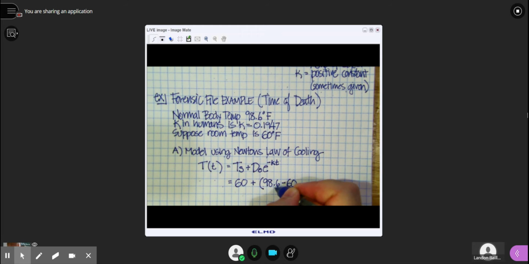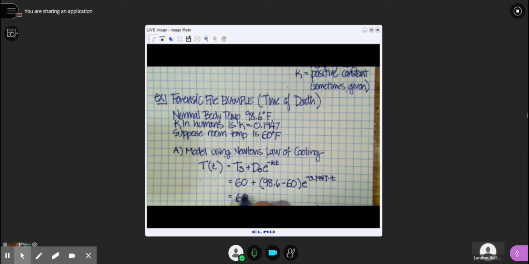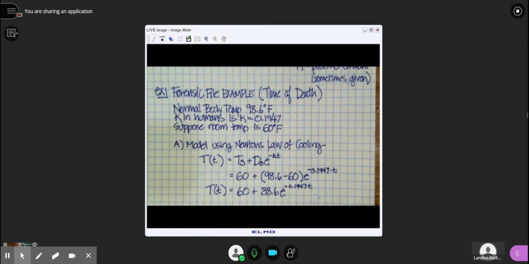Yep, that's going to be 98.6 minus 60 degrees times e to the negative K, 0.1947 times T. So I have 60 plus 38.6 times e to the negative 0.1947T. And that's my formula.